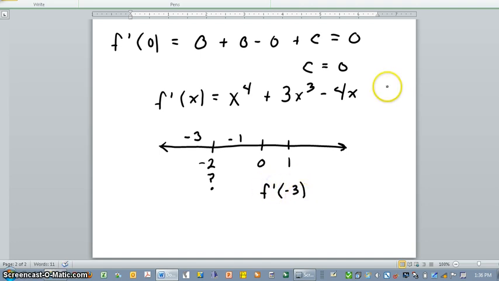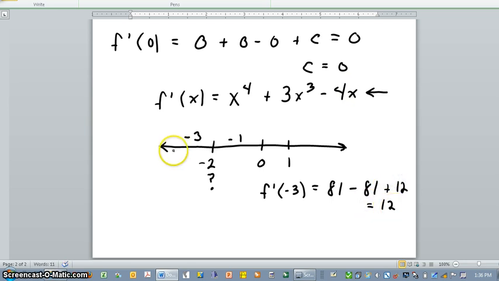If I plug -3 in here, I'm going to get -3 to the fourth, which is 81. I'm going to get -27 times 3, which is -81. And then this would be plus 12.